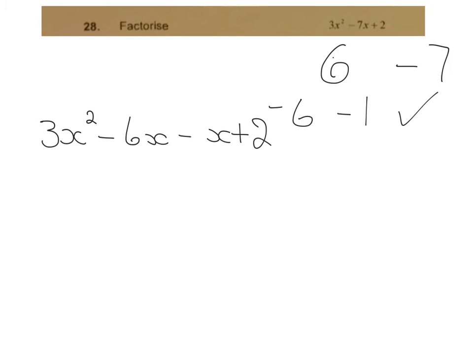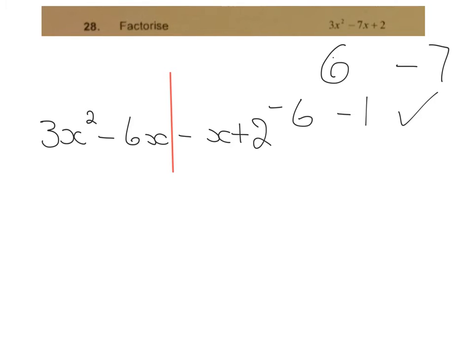Now we're going to put a line down the middle and we're going to pull out a common factor. So we've now got a line down the middle. Now the minus 6x and minus x, that is just minus 7x rewritten. So now we've got it rewritten, we are going to pull out a common factor from each side.